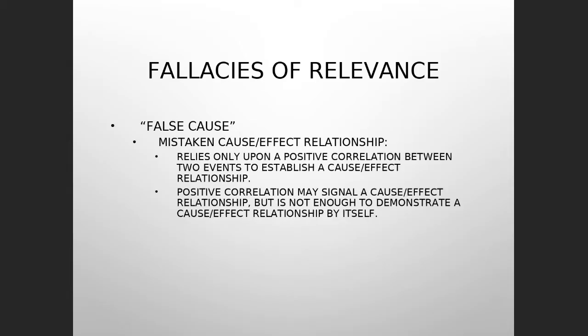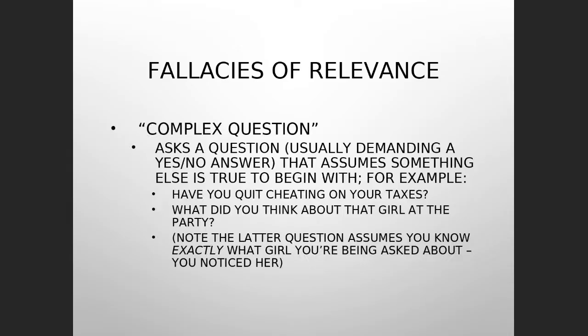Okay? That's false cause. Complex question asks a question that usually demands a yes or no answer that assumes something else is true to begin with. For example, have you quit cheating on your taxes? There is no way to win answering that question yes or no, right? If you say yes, you're admitting that you have in the past.